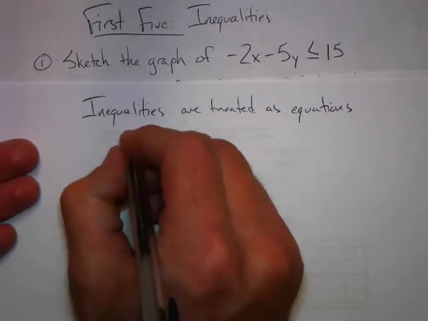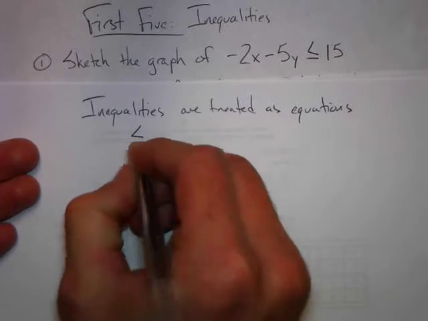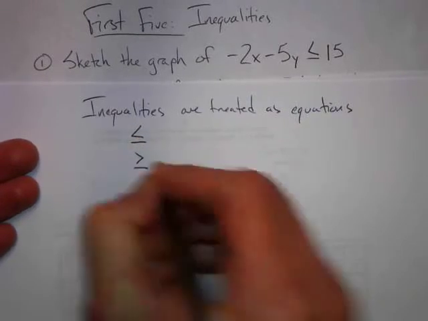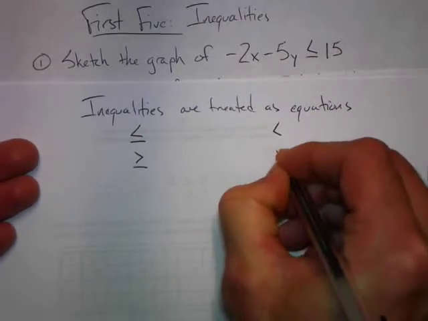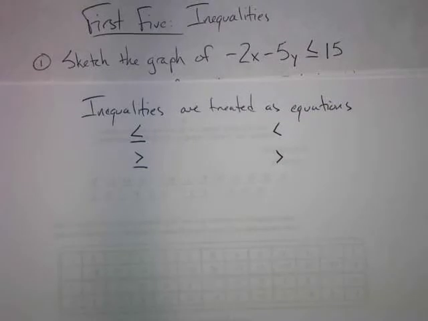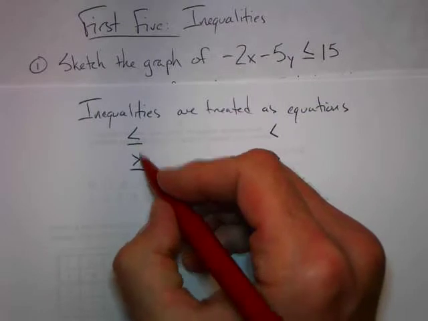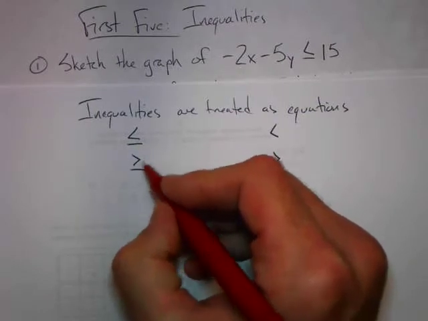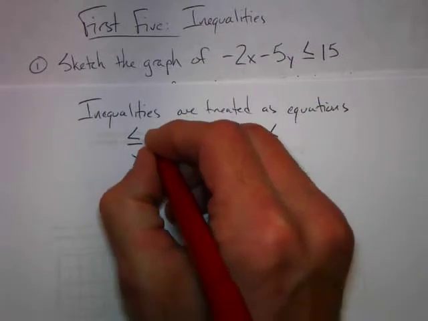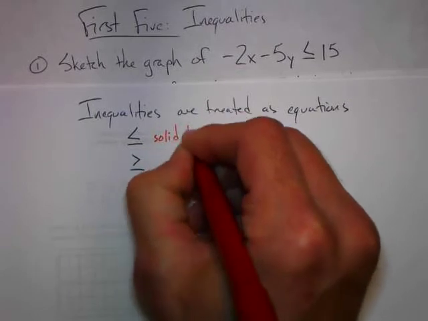If we had inequality symbols, we have to figure out, well, what does that mean as far as the graphing and the shading goes? And so the first thing we have to understand is that if an inequality reads "or equal to," you're going to be seeing a solid line.